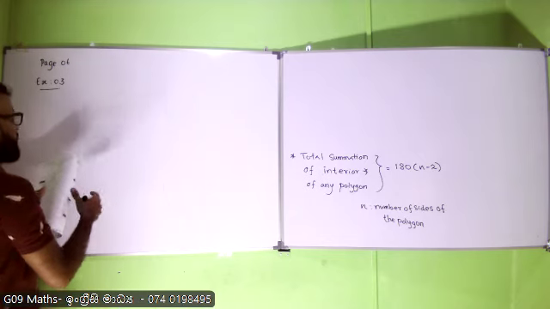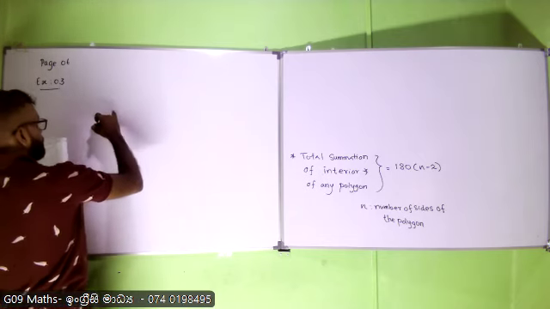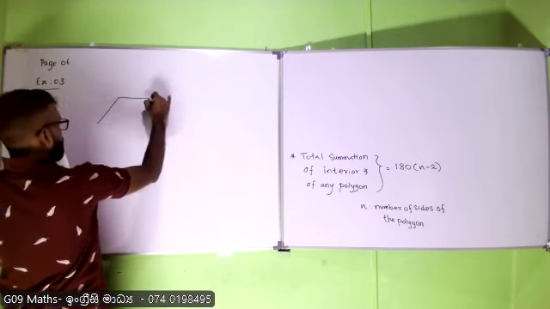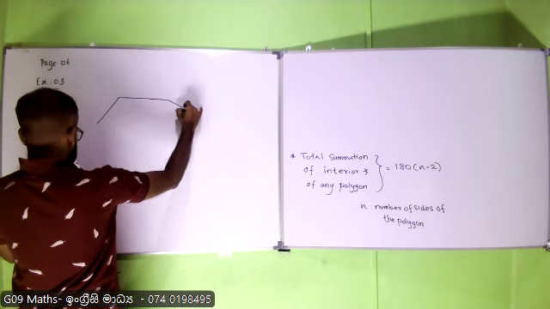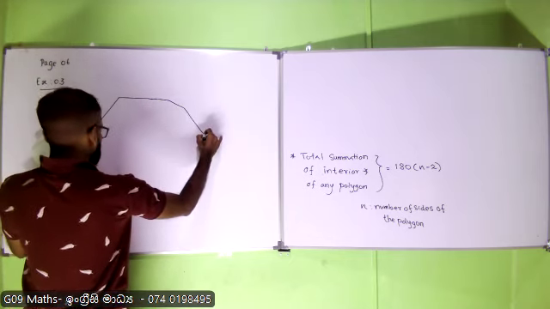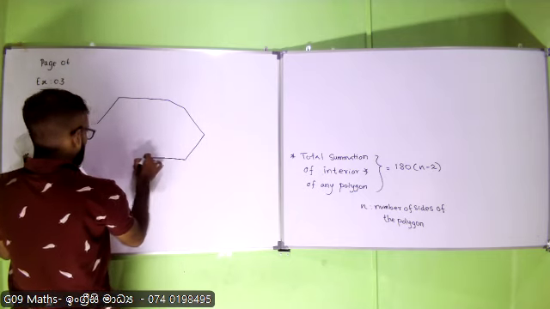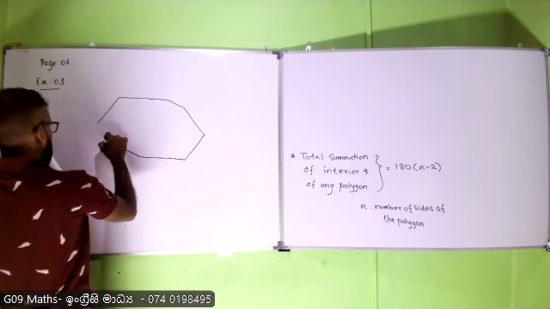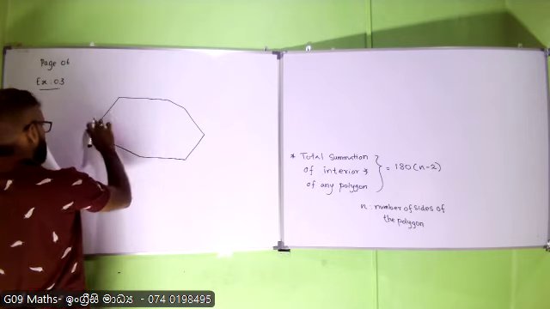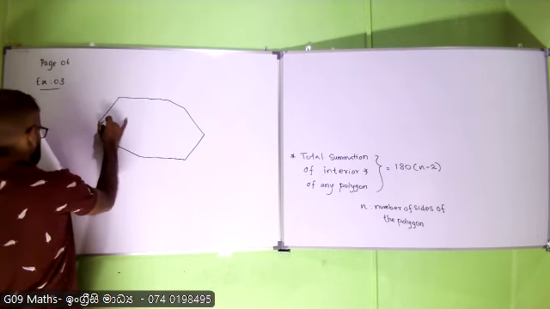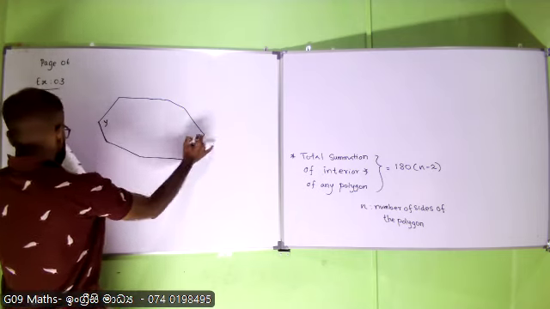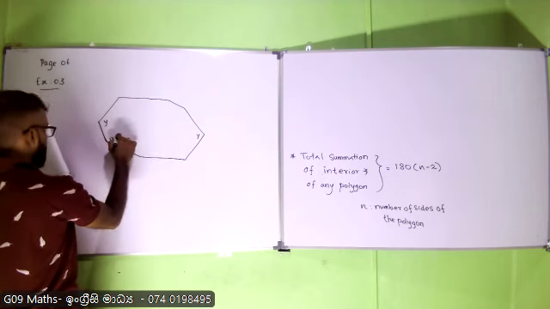So it is something like this. Remember, I hope you guys have the tube with you. This angle is y and this angle is also y. This is 120 degrees.